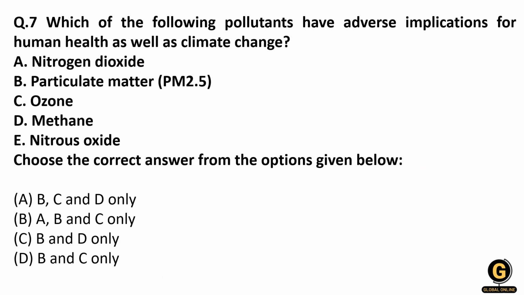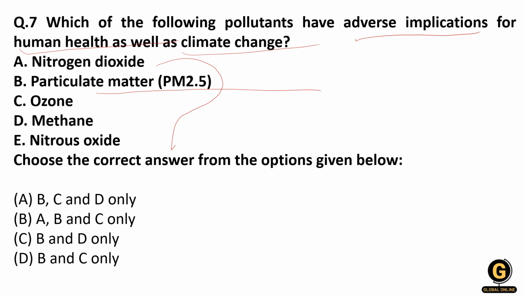The question is, which of the following pollutants have adverse implications for human health as well as climate change? They have given us five chemicals or pollutants and asked which of them have adverse implications on human health. First, particulate matter. Students, you might be hearing in the month of December, in the winter, in Delhi, people talk about the particulate matter level going high.